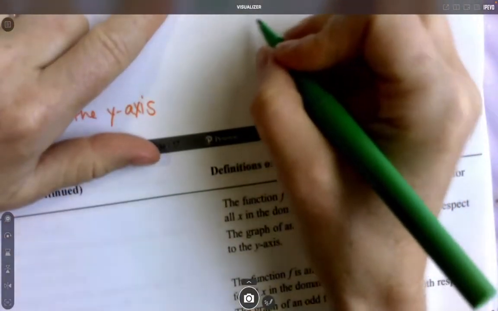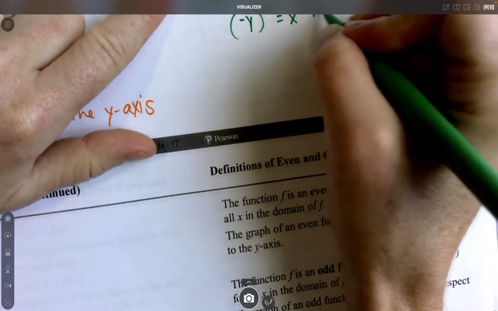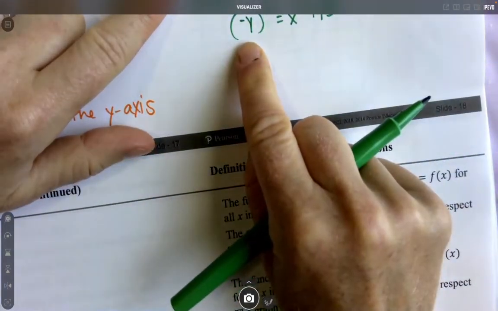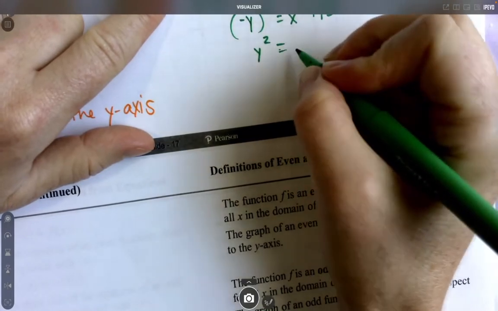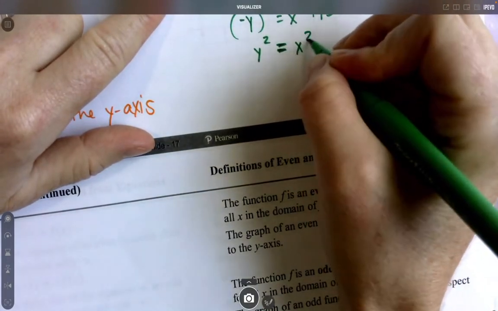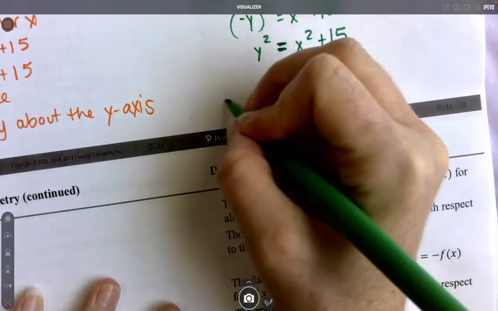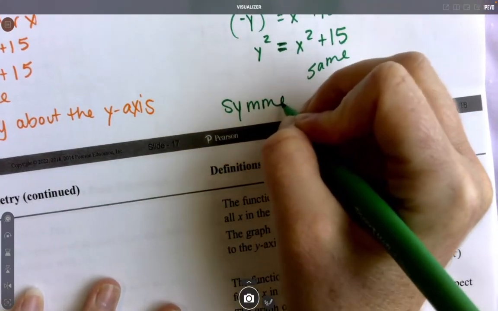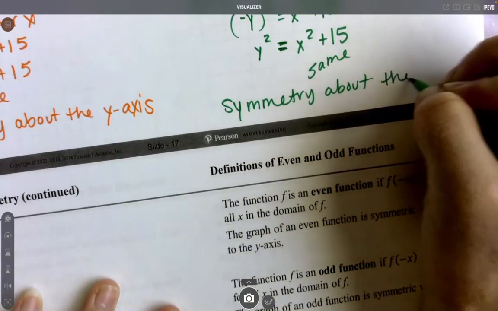So that means we're going to put in negative y squared equals x squared plus 15. Well, anytime you square something, the negative goes away. So that's good. They're the same. So there's symmetry about the x-axis.